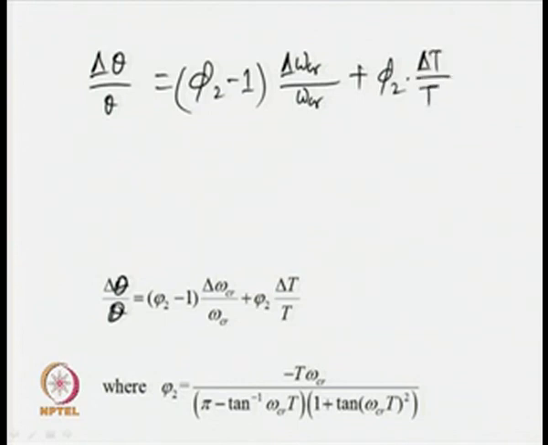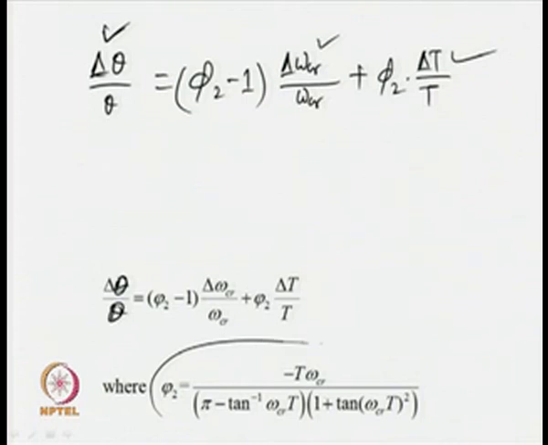So, the relative error in the estimation of the time delay depends on the relative error in the measurements of critical frequency and the estimated value of the time constant. Okay. Now, phi 2 is given by this expression.